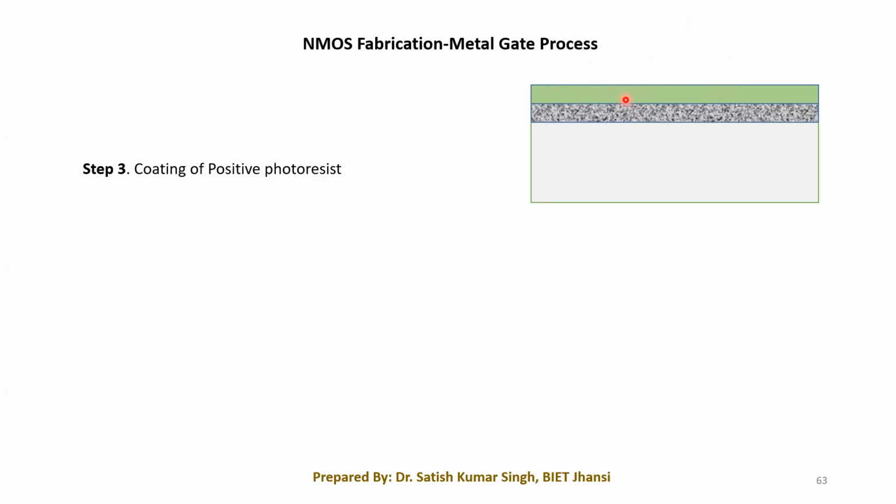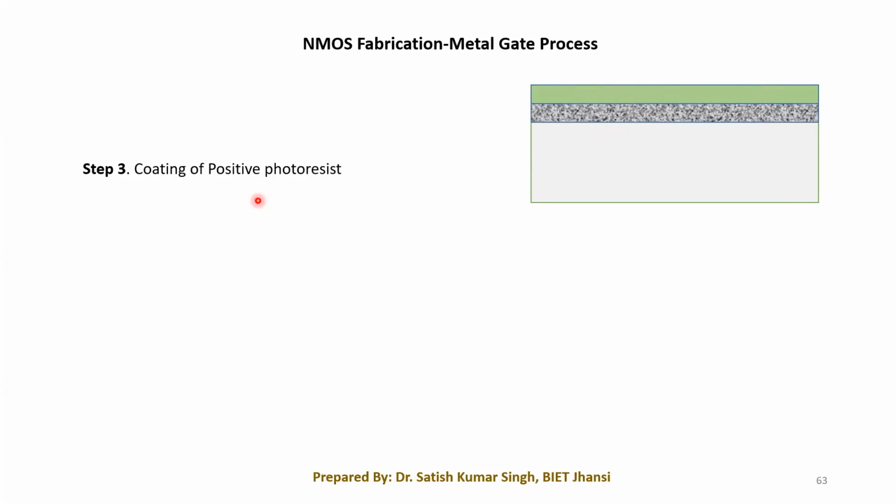Once it is polymerized, we can use a photoresist developer solution, which is again a chemical. If we dip this entire wafer into that developer solution, the area which was exposed to the UV rays will dissolve into the developer, and it can be removed.